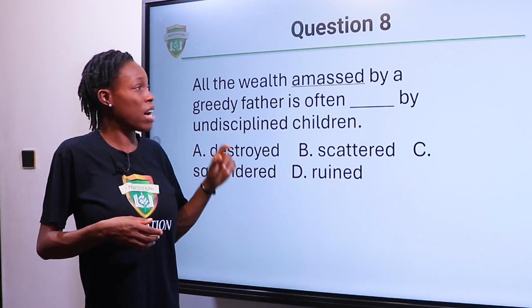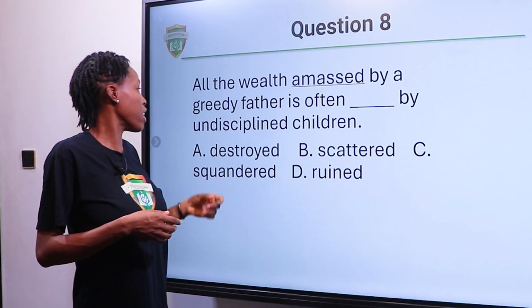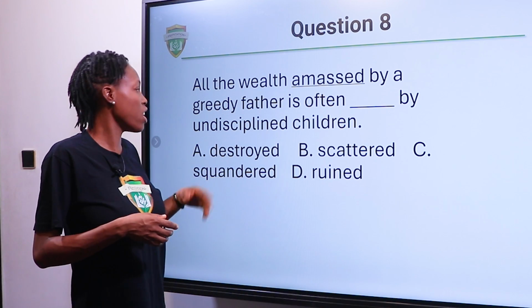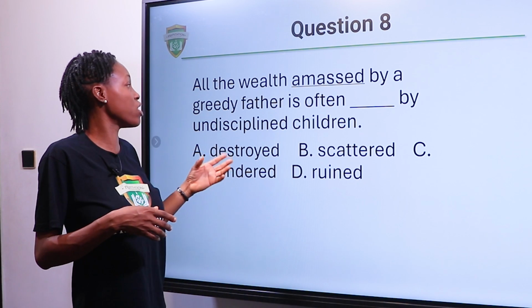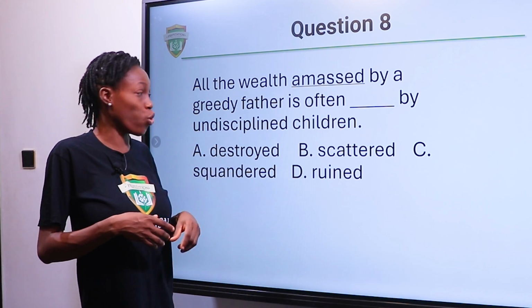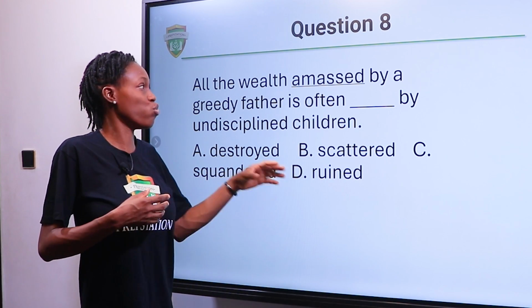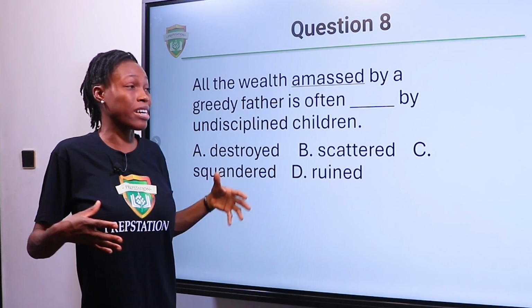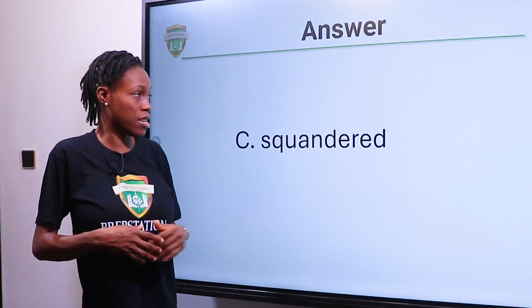All the wealth amassed by a greedy father is often dashed by undisciplined children. A, destroyed; B, scattered; C, squandered; D, ruined. Amassed, gathered. So let's look at the opposite. Squandered, C.